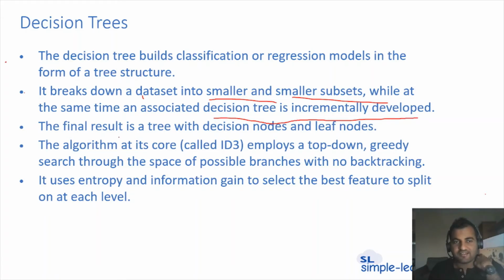So the final result is a tree with decision nodes and leaf nodes, right? So you define a main tree, then decision nodes, and in that there will be leaf nodes as well, right?